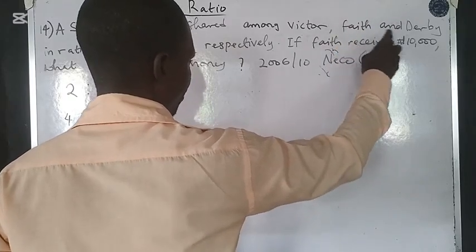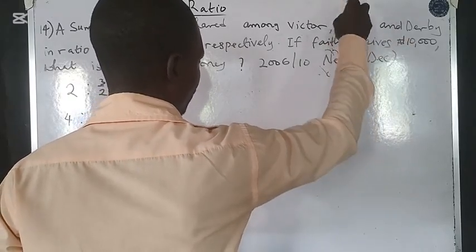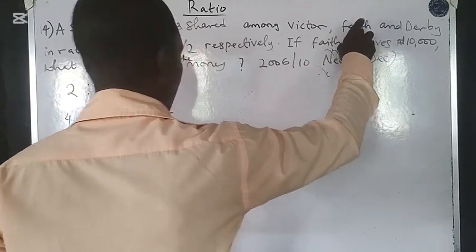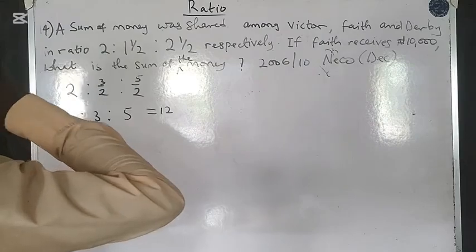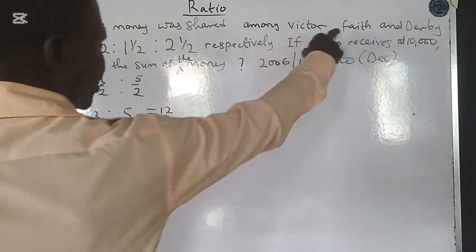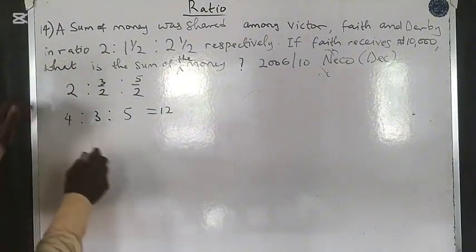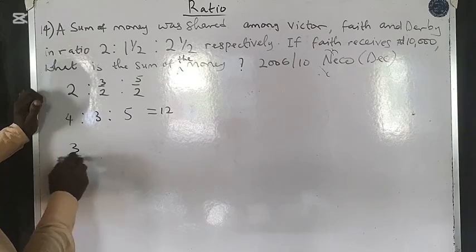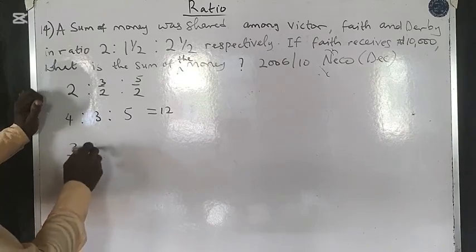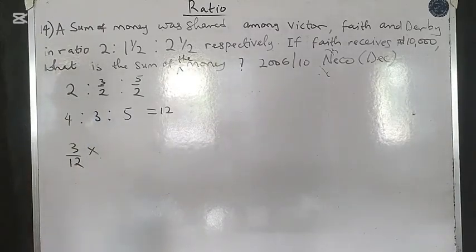And Faith is mentioned as the second person, meaning the second ratio will be for Faith. So it's going to be 3 over 12 multiplied by the amount that was shared.